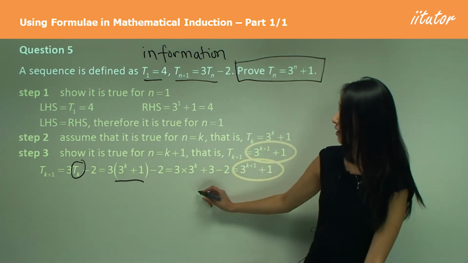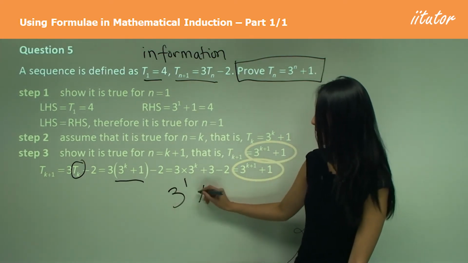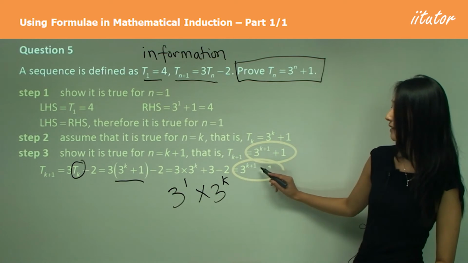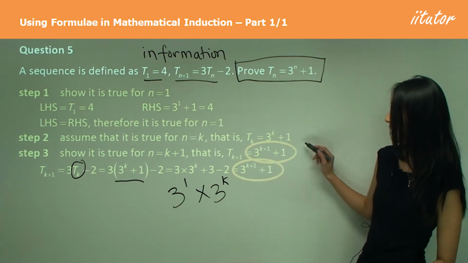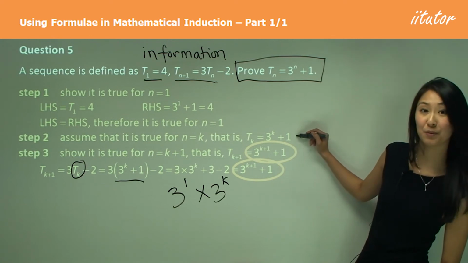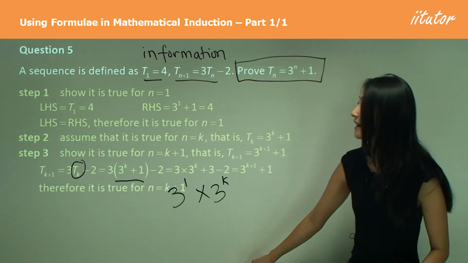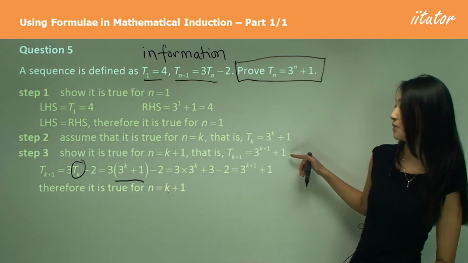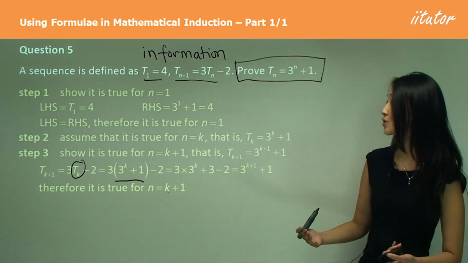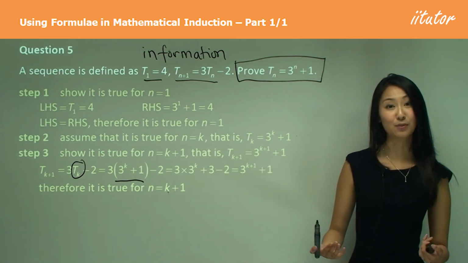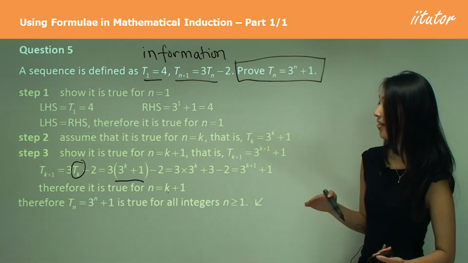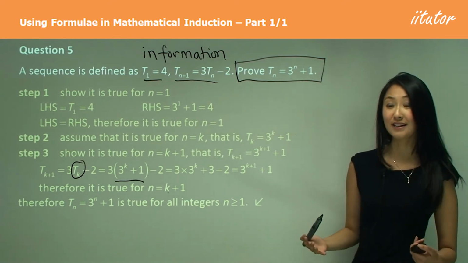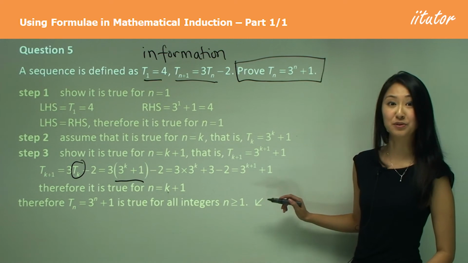Now over here, because you have 3^1 times 3^k, when you multiply them together, that's how you get k plus 1, which looks exactly like the right-hand side that we wanted to prove. So you can say that therefore, since we've proven the left-hand side does equal the right-hand side, it is true for n equals k plus 1. And in conclusion, therefore, tn equals 3^n + 1 is true for all integers n greater than or equal to 1.